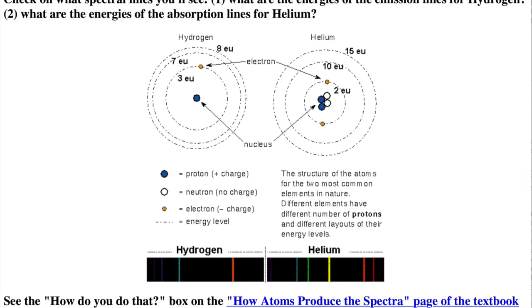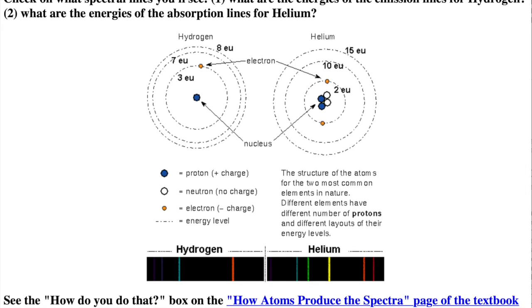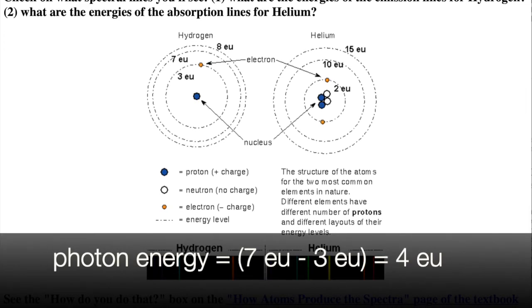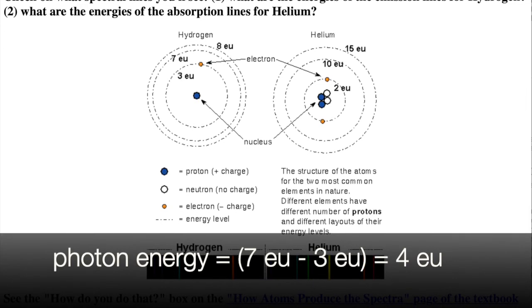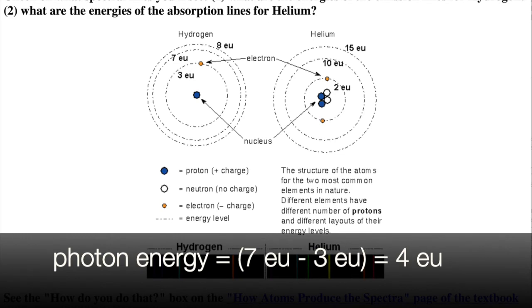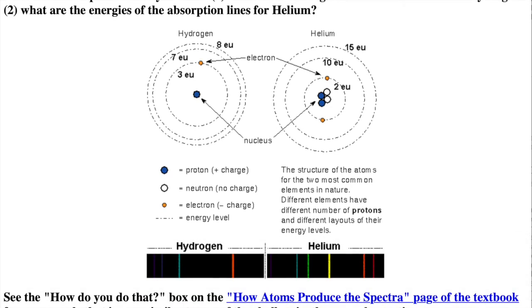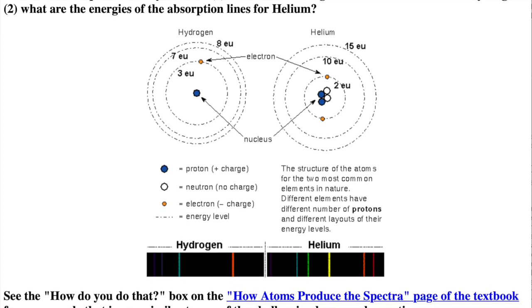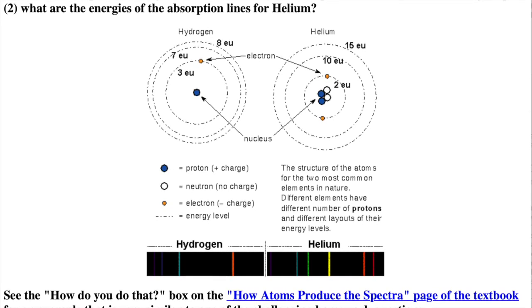If the electron starts in the middle level and hops down to the ground state, the emission line photon energy equals 7 EU minus 3 EU equals 4 EU. 3 emission lines are possible at energy 1 EU, 4 EU, and 5 EU.